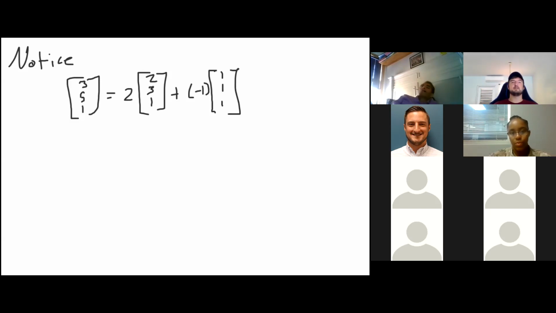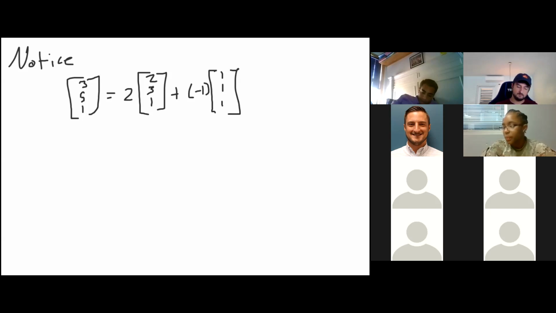So the third vector in that list can be written as a linear combination of the first two. I can combine the first two vectors in a particular way to recreate the vector 3, 5, 1. That is why they're not linearly independent and are linearly dependent.